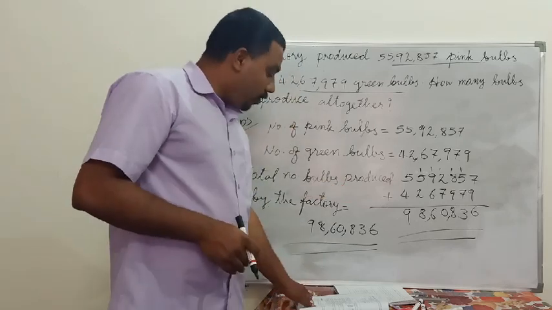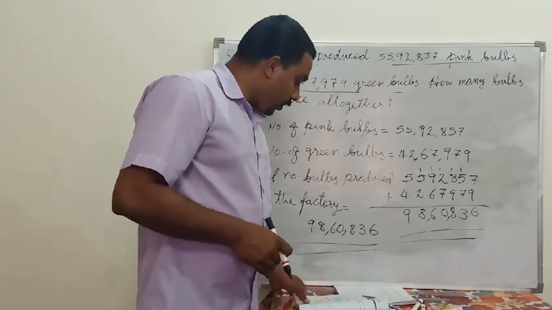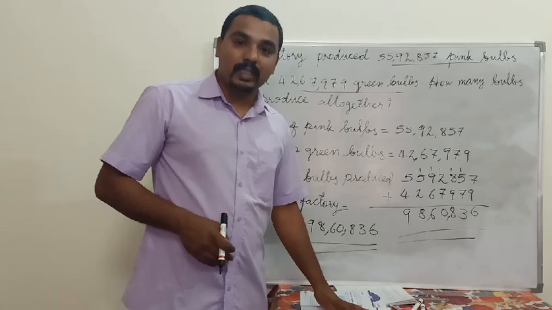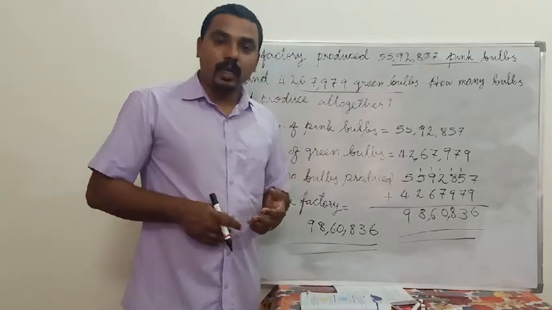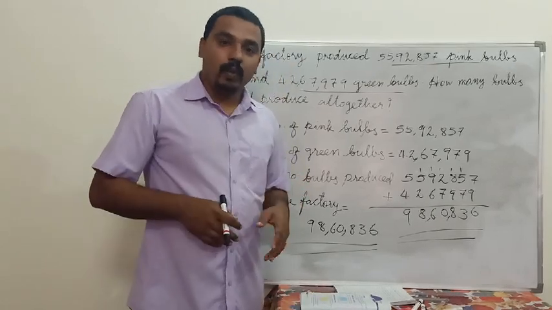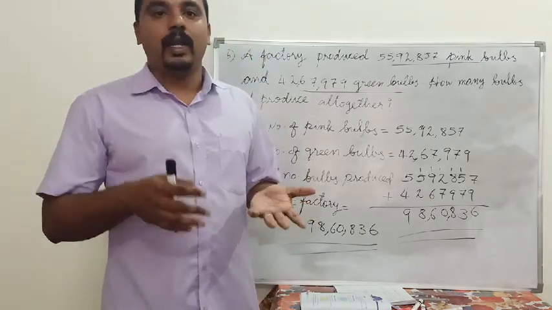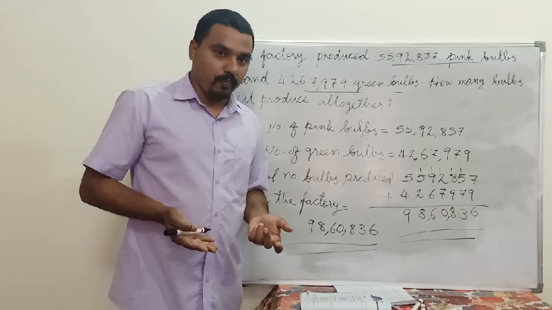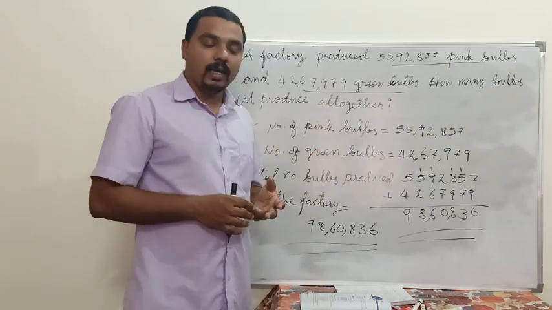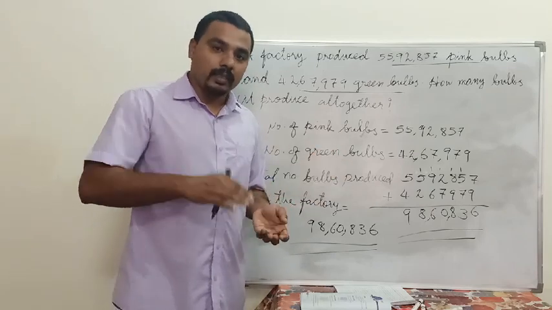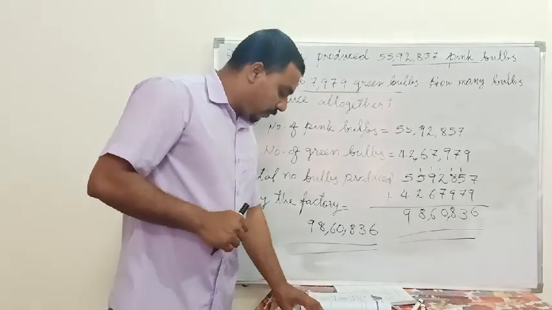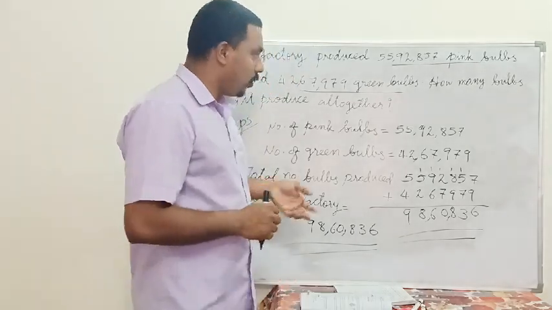So remember once again all the things we have discussed here: addition with regrouping and without regrouping. What are the terms we have used in addition? Addends and sum. The numbers which we need to add are called addends, and the answer of addition is called sum. And some problem solving also.